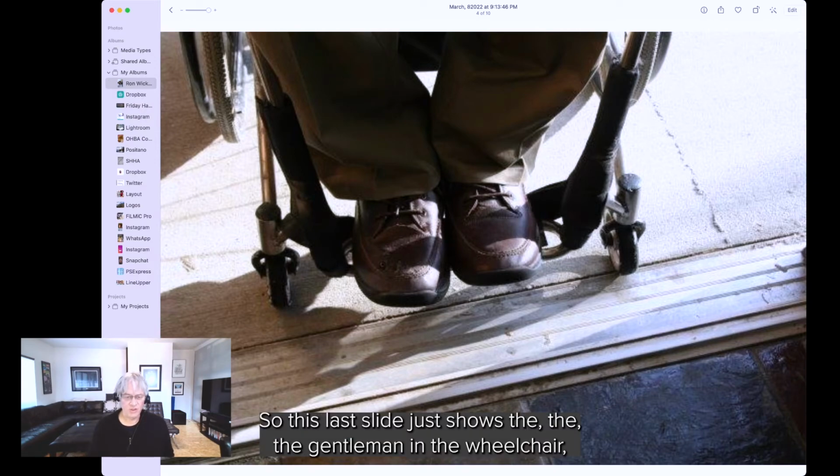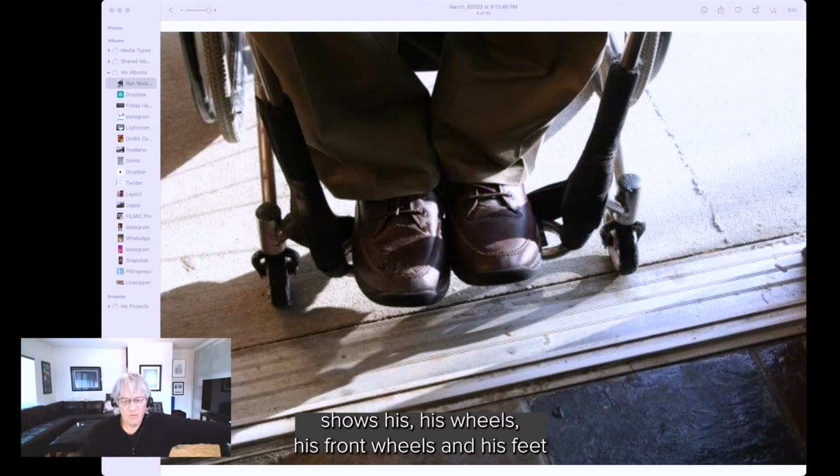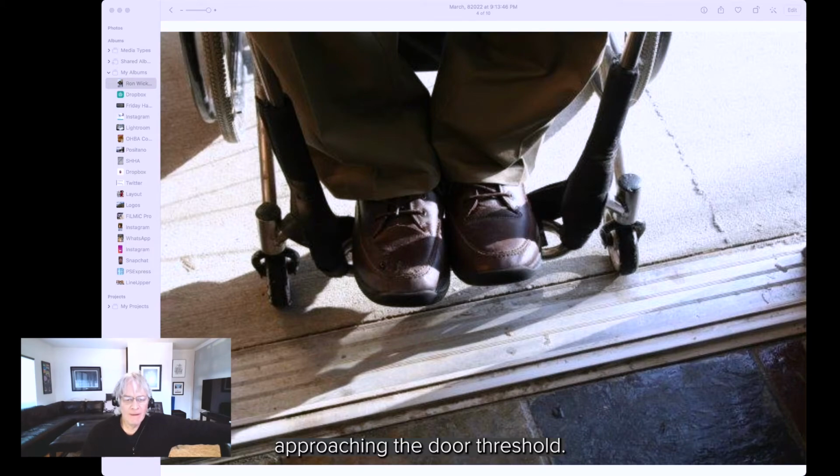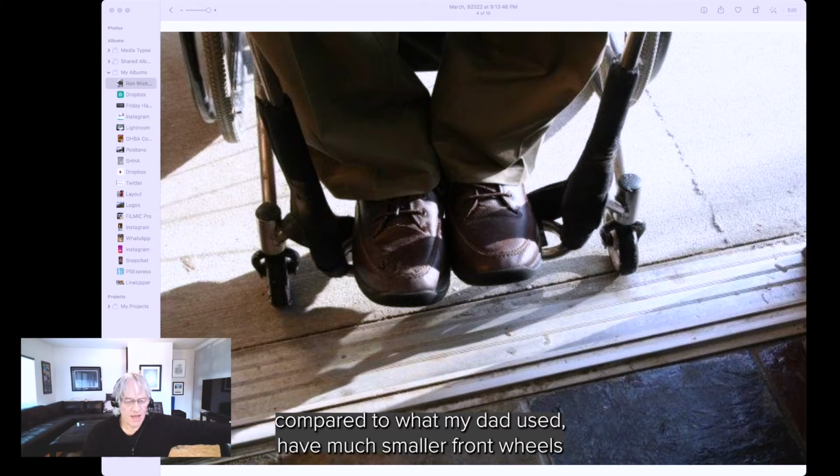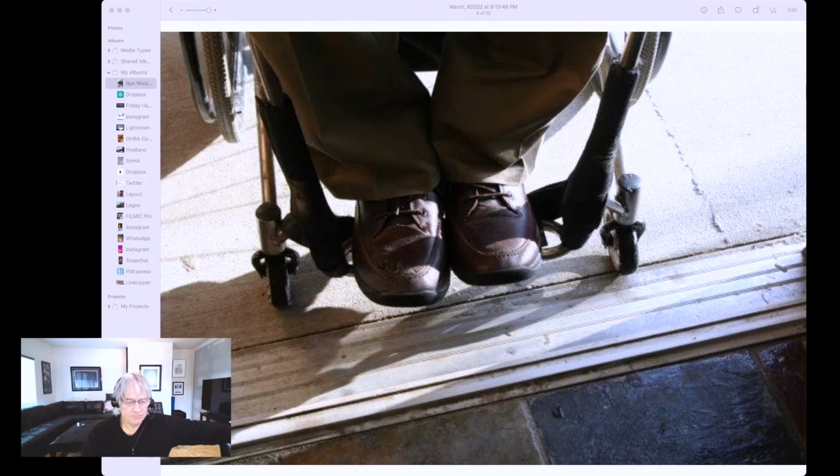So this last slide just shows the gentleman in the wheelchair, his front wheels and his feet approaching the door threshold. Certainly, in my time being around people who use wheelchairs, a lot of wheelchairs now, compared to what my dad used, have much smaller front wheels.